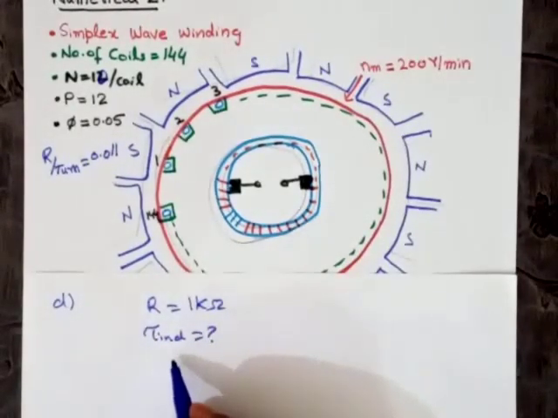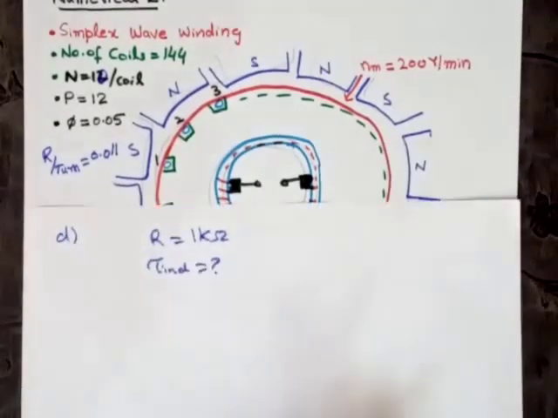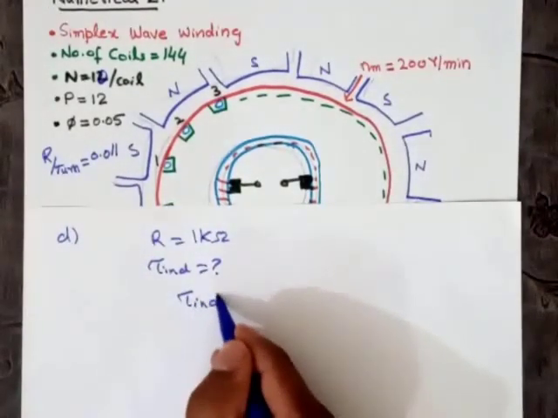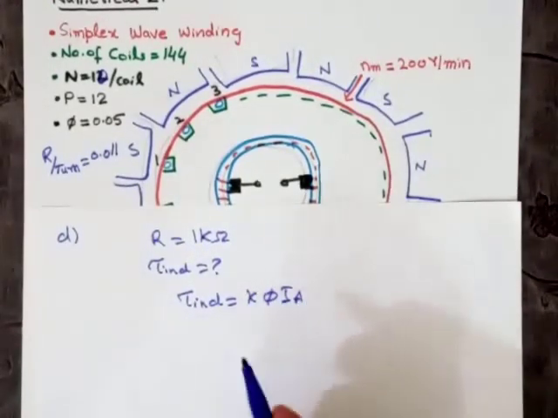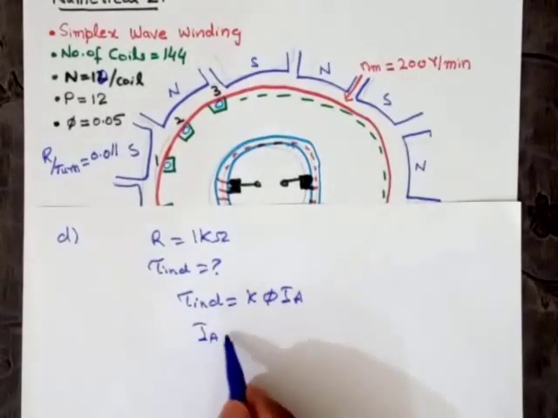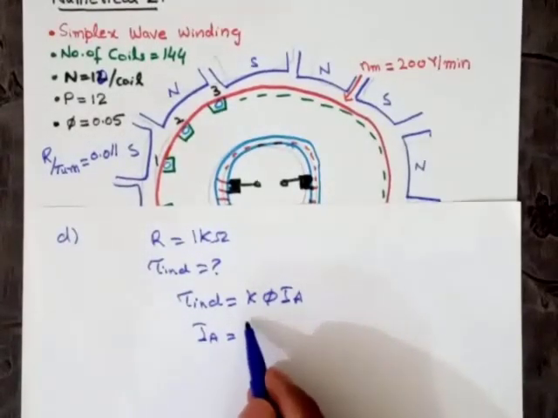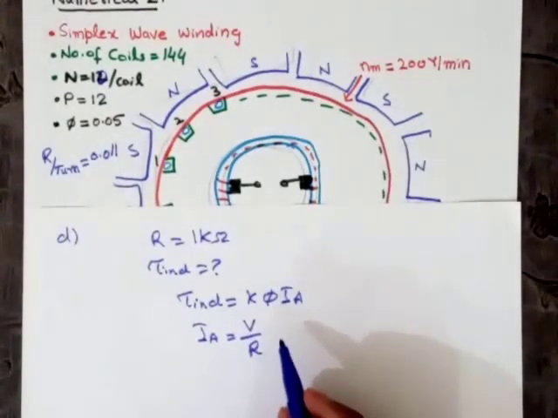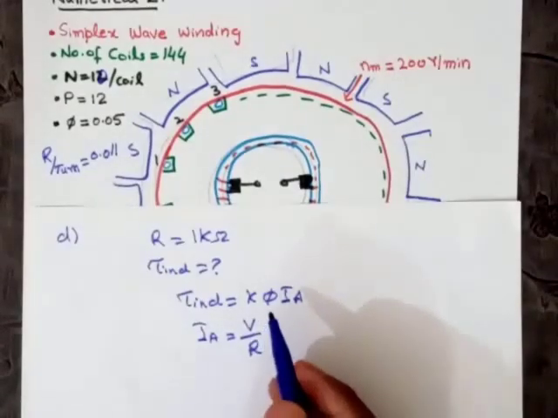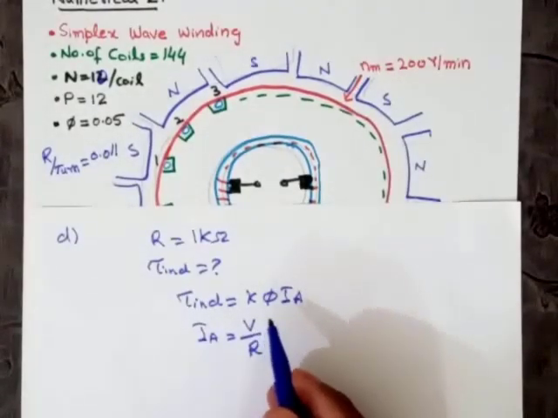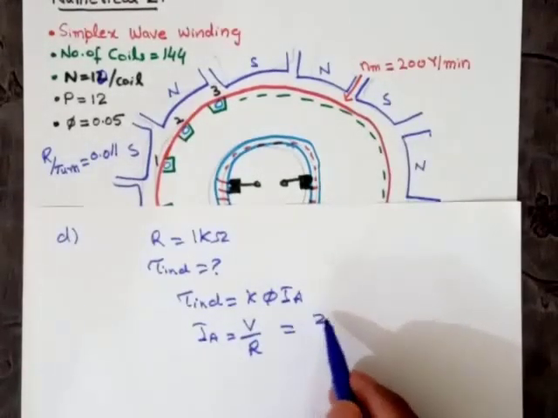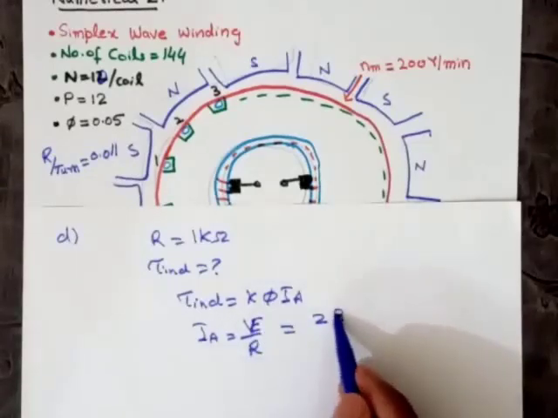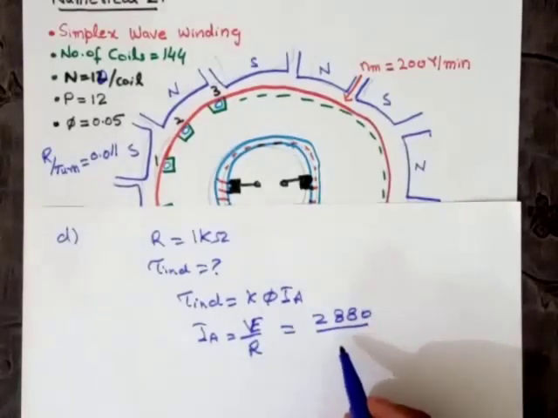As we know, in the case of a real machine, the formula for induced torque is tau induced equal to K phi into IA. As we know, I is equal to V over R. The value of E is given here, as we have already calculated in part 2: 2880 divided by the total resistance.